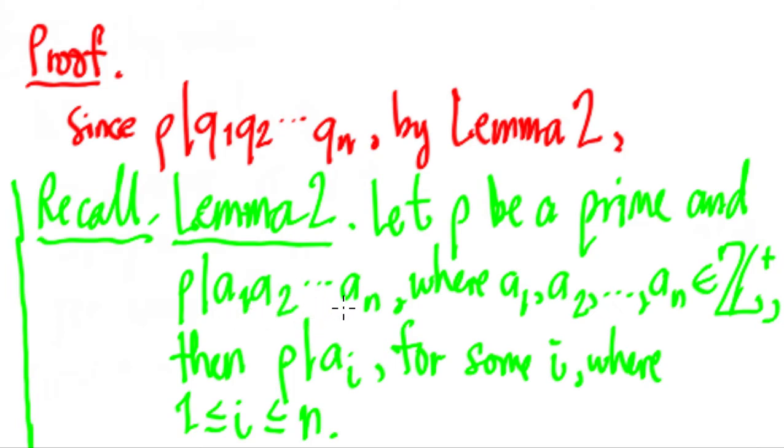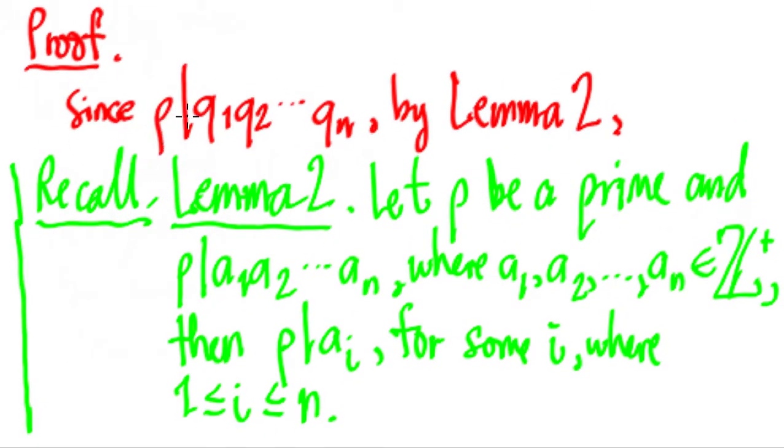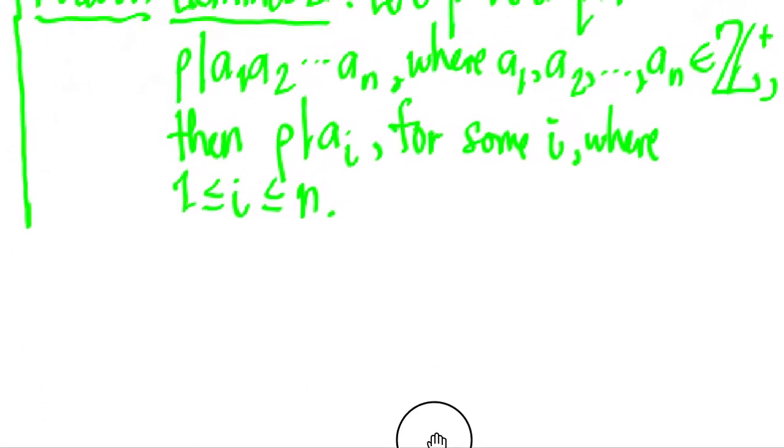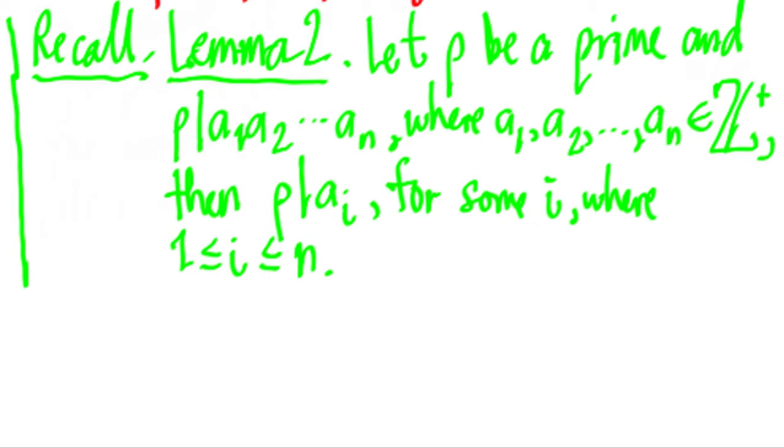So we can pick up one factor of this product, and that factor is still going to be divisible by P. Using that consequence of that lemma, since P is a factor of Q sub 1, Q sub 2, Q sub n, by lemma 2, there is a certain Q sub I here wherein P is a factor of that Q sub I. I hope you got what I mean by lemma 2.